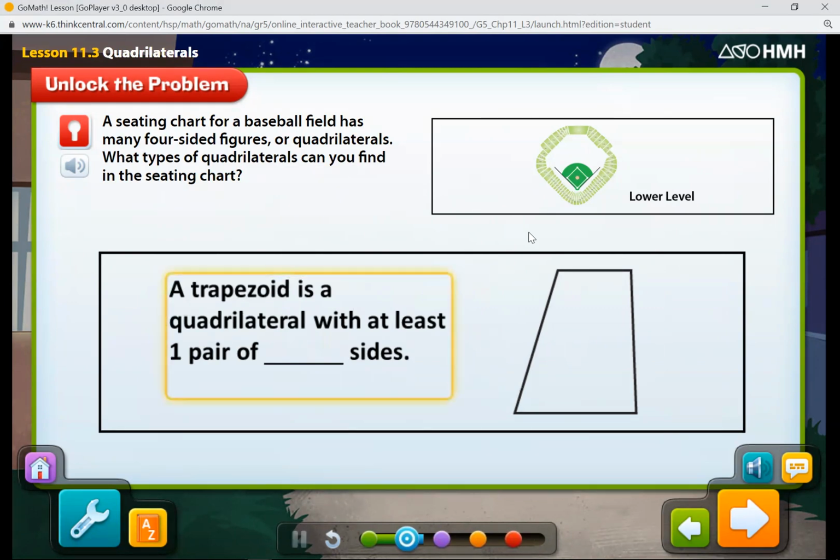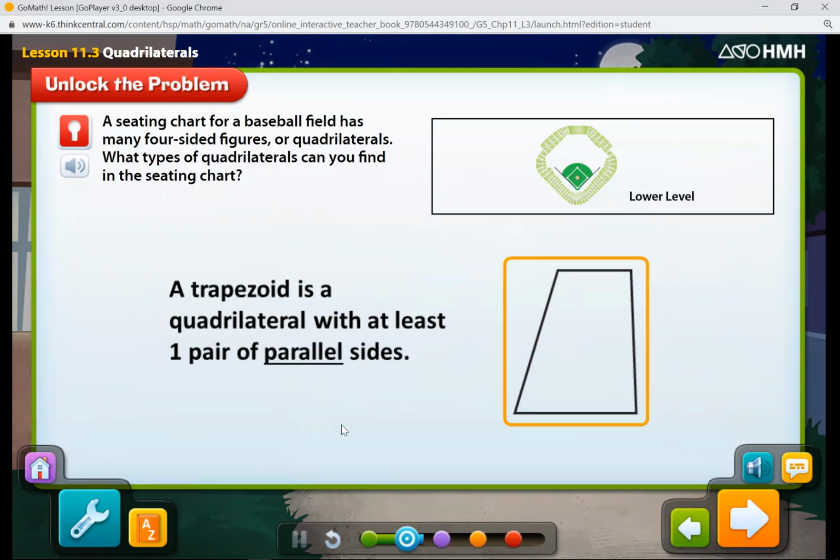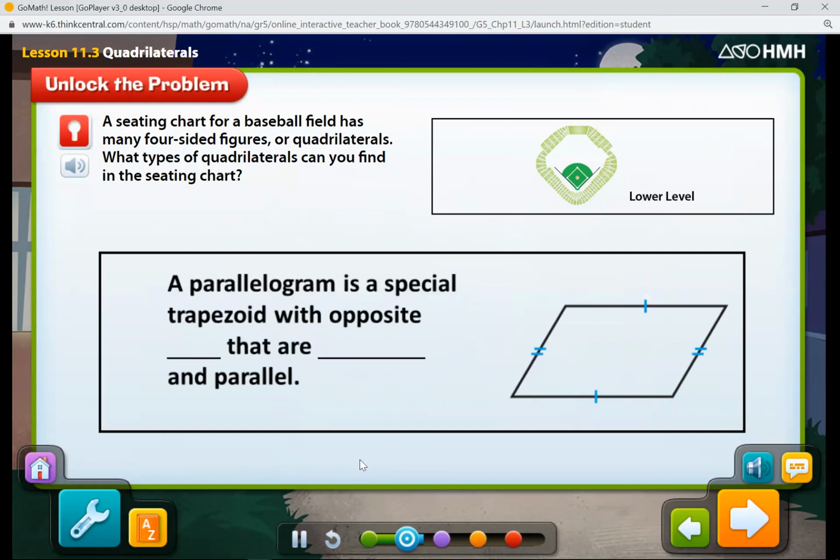All right, a trapezoid is a quadrilateral with at least one pair of blank sides. A trapezoid has at least one pair of parallel sides. Let's look at a parallelogram. A parallelogram is a special trapezoid with opposite blank that are blank and parallel.